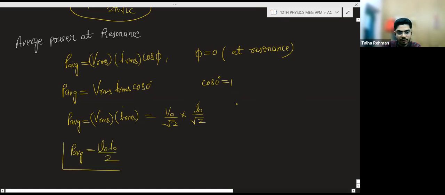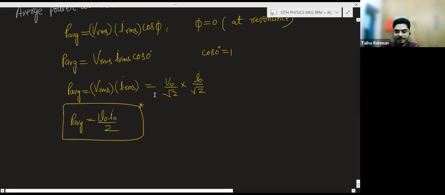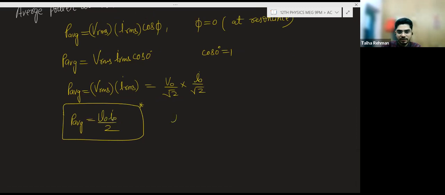This will be your average power at resonance. And this power will be the maximum power, because here the current is the maximum. This I naught is equal to I max.